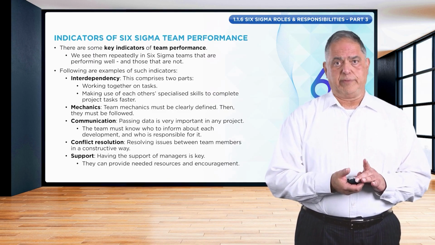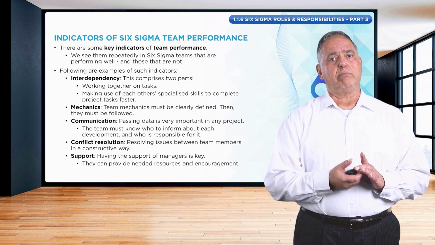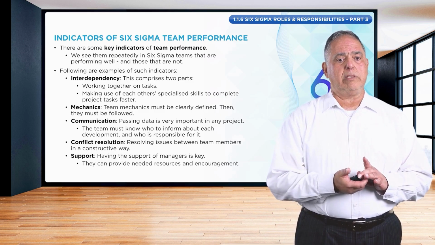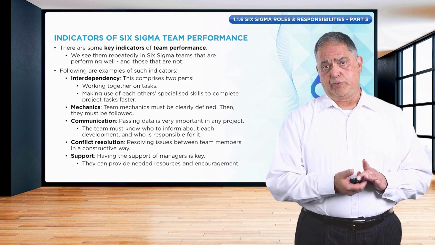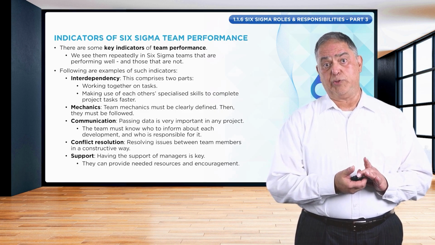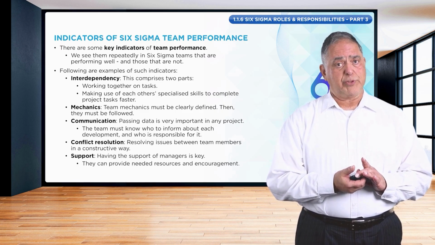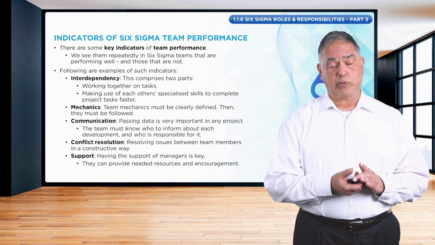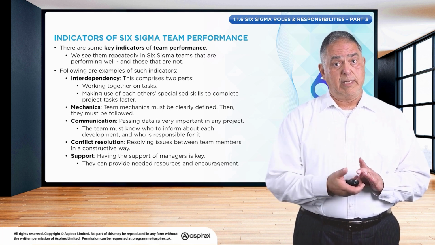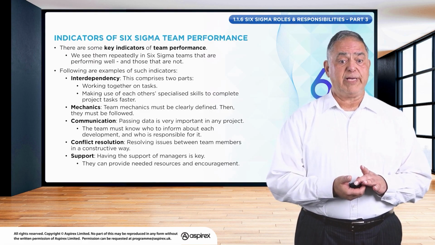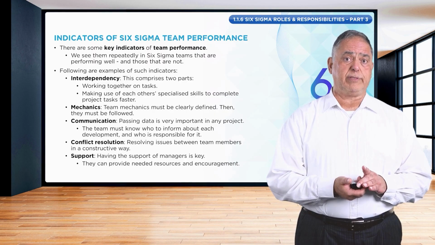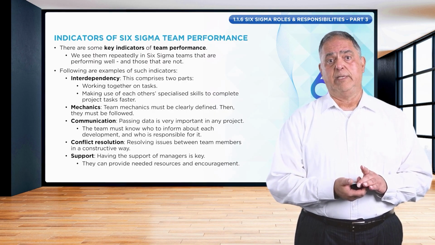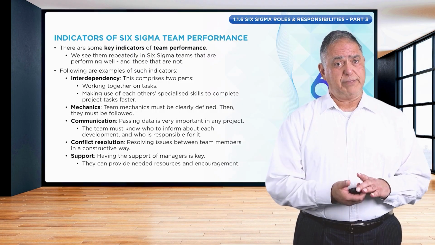Conflict resolution. So this is about resolving issues arising between team members during a project in a constructive but also consistent and realistic way. And finally, support. Do we have support from top management, and is the support visible?